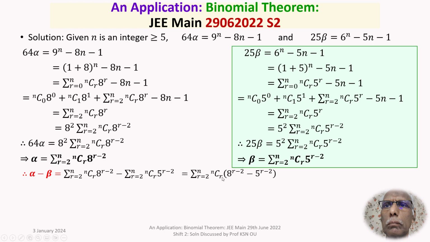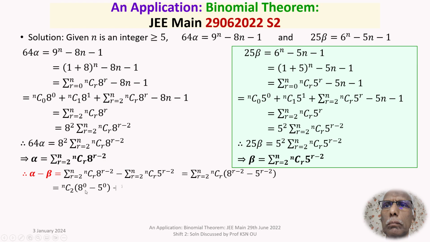So r is equal to 2, so that will be nC2 into 8 power 2 minus 2, 0, minus 5 power 2 minus 2, 0. And r is equal to 3, nC3 into 8 to the power of 3 minus 2, that is 1, minus 5 to the power of 3 minus 2, 1.